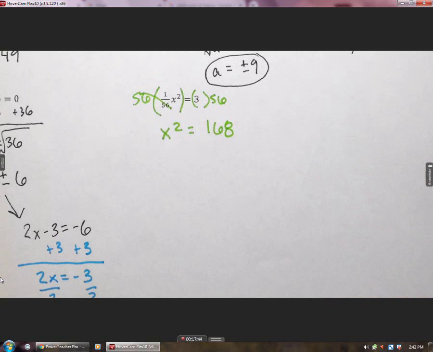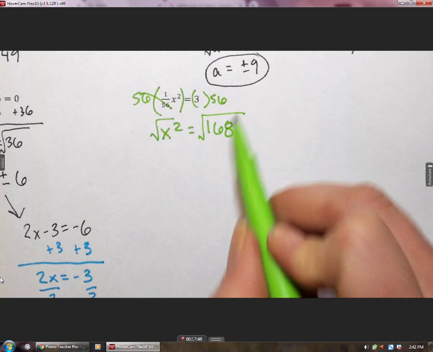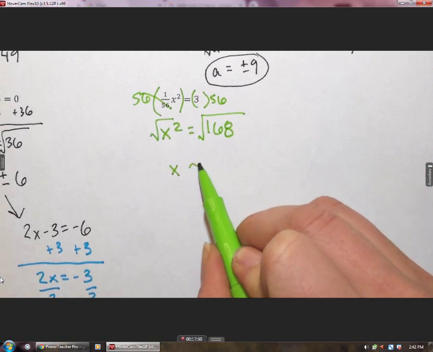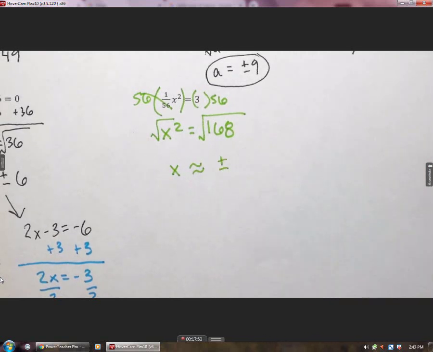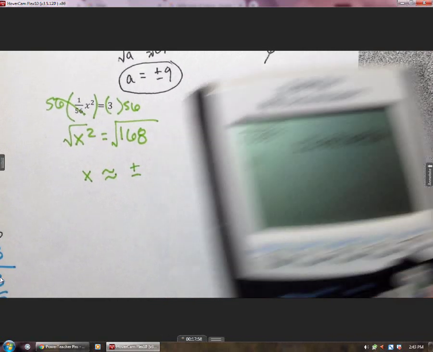It's not a perfect square. No, it's not. But you can take the square root still. And x is going to be approximately plus and minus the square root of 168, which is approximately 12.96.